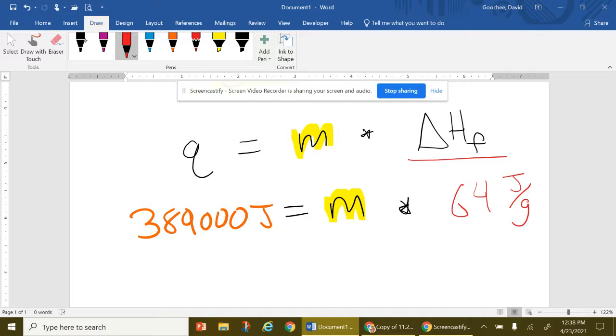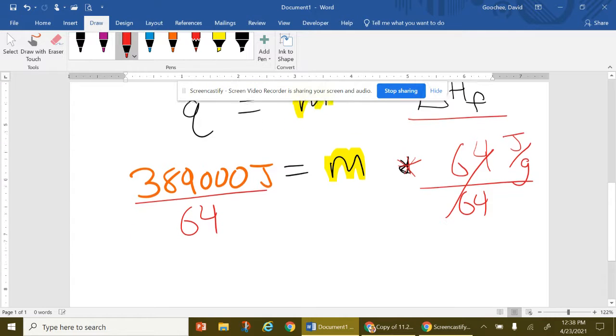So we're trying to find the mass of gold that can be melted with 389,000 joules. We're solving for M, and if it's being multiplied by 64, the way we solve for M is we divide both sides by 64.